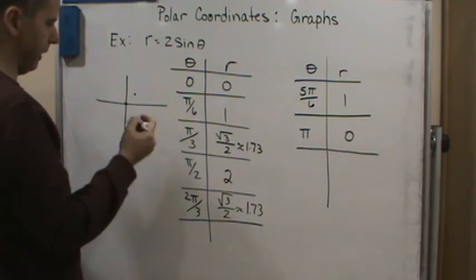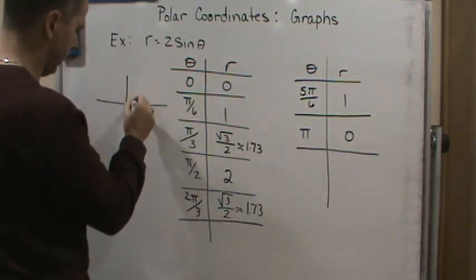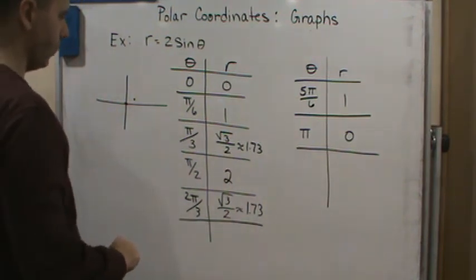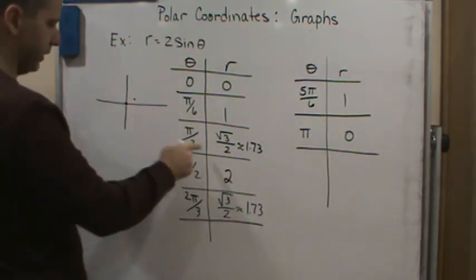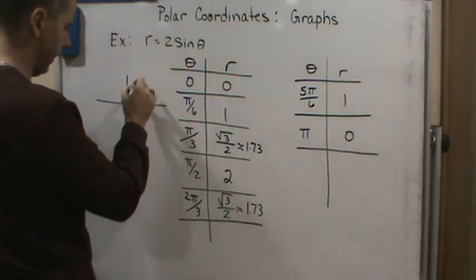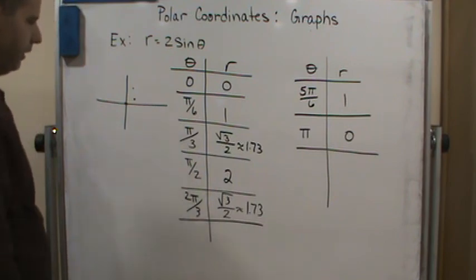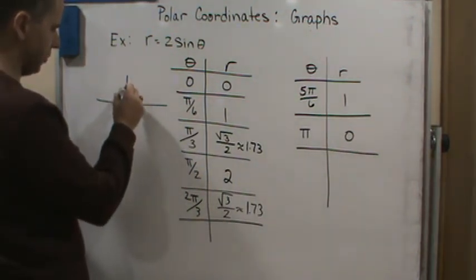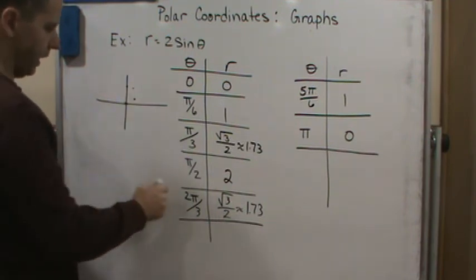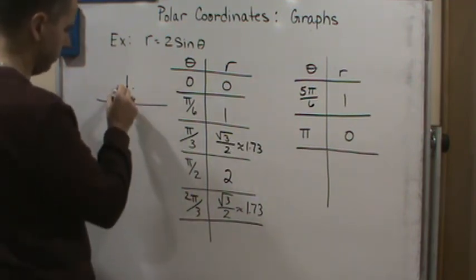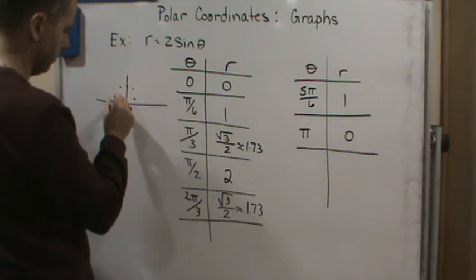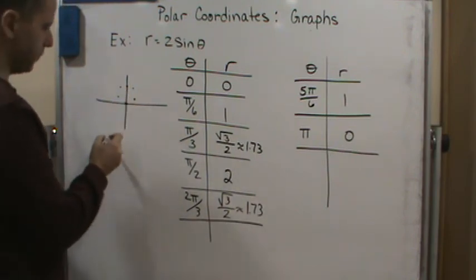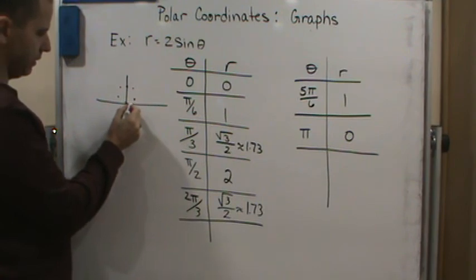So let's say about there, I guess. Well, more like there. And then at pi over 3, it goes to almost 2, right? Let's say about there. And then at pi over 2, which is 90 degrees, it's at 2, and then it starts going back down.